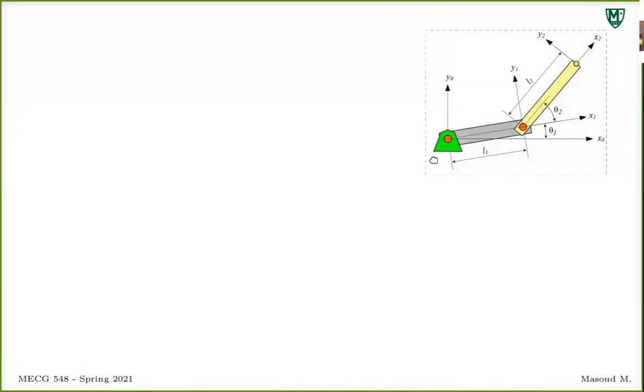Now we have a simple two-link, as they call it, mechanism. I'll talk about links and define them when we get to the next point. But for now, this is one bar connected to another bar.